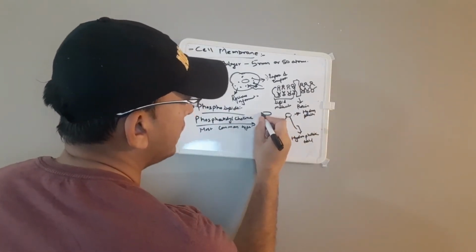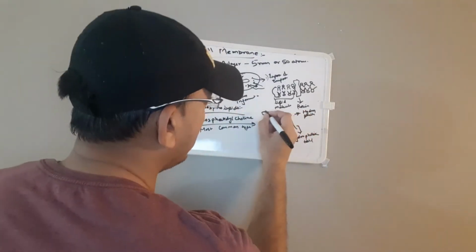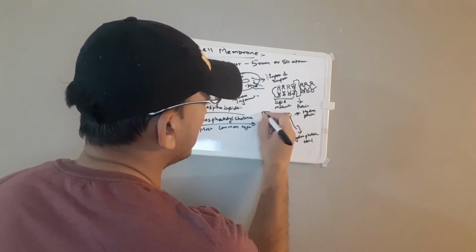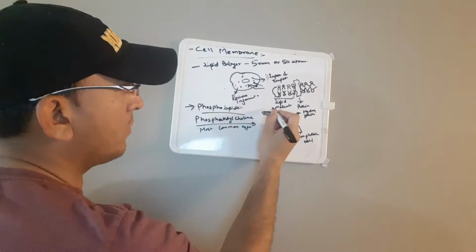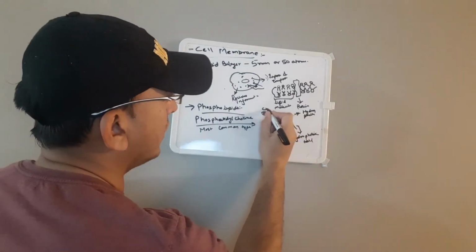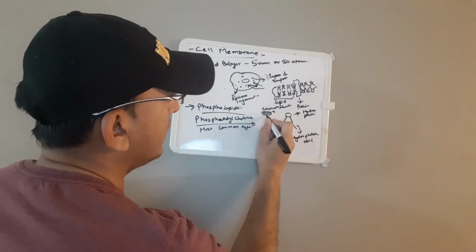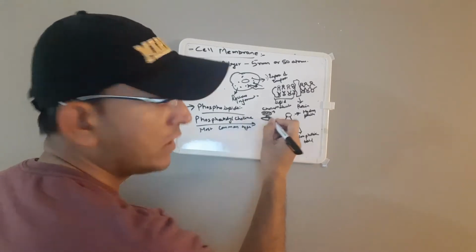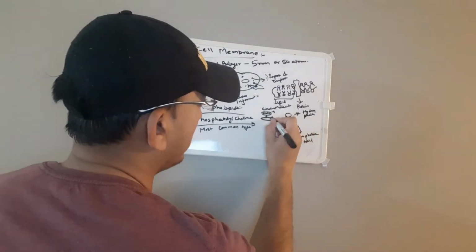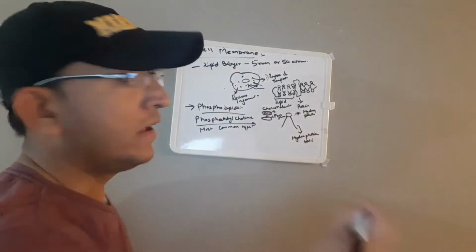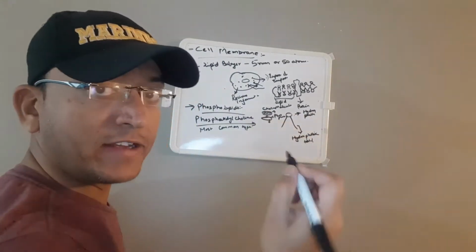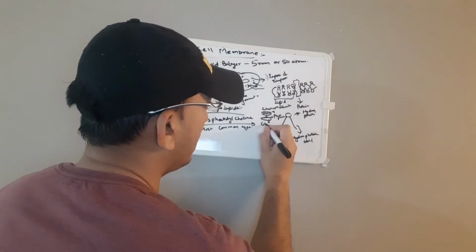For example, this is choline. Then this is attached to a phosphate, and the phosphate is attached to glycerol.